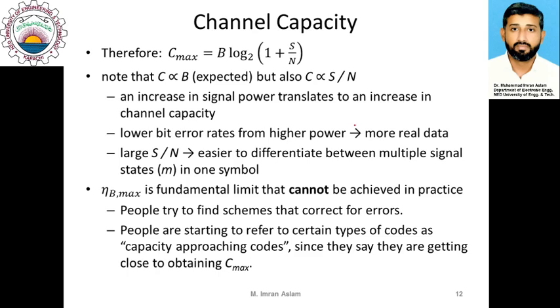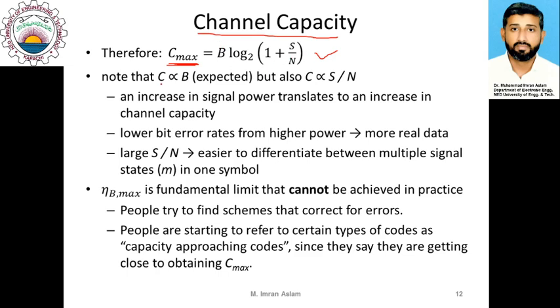The same relationship is also represented by the maximum capacity. The maximum data rate that we can get out of the channel, which is named the channel capacity, is represented by B log to the base 2 of 1 plus S by N. So this is the maximum possible value of data rate that can be achieved through a channel.